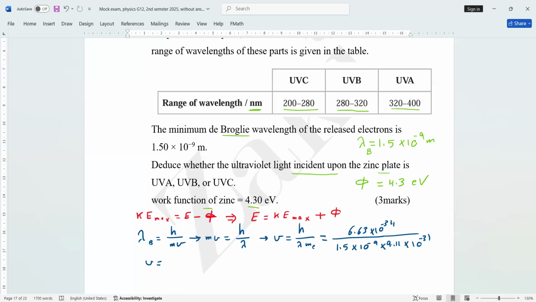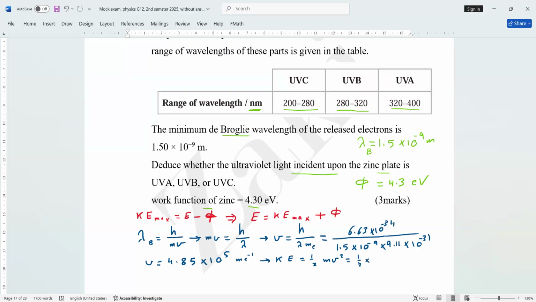So the answer is 4.85 times 10 to the power 5 meters per second. From this, we can calculate the kinetic energy, which equals half mv squared.